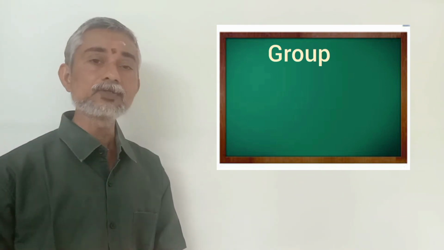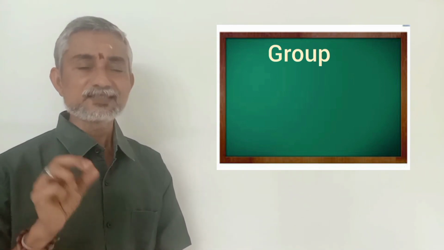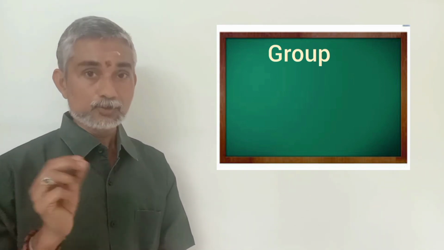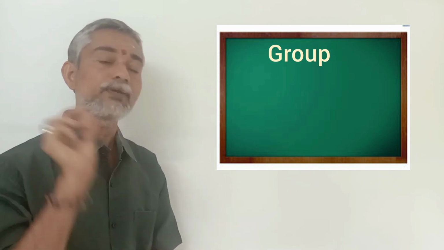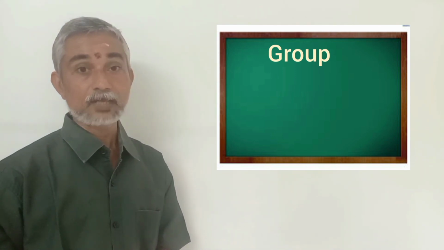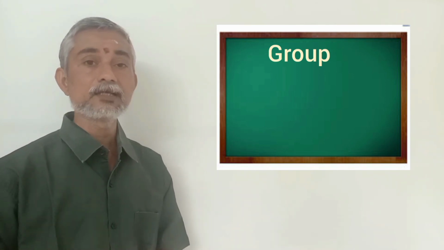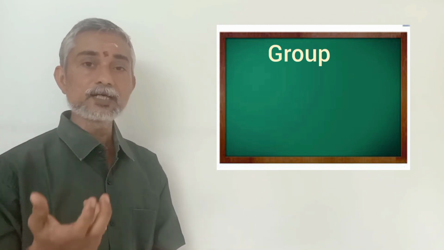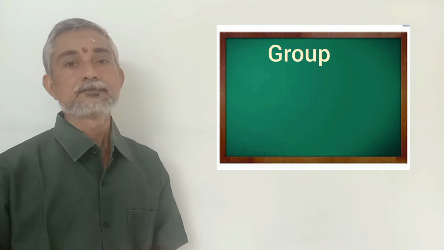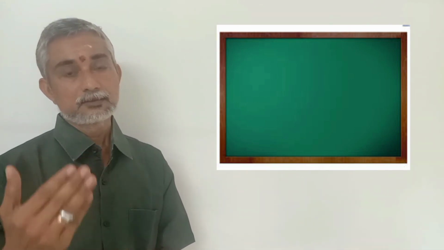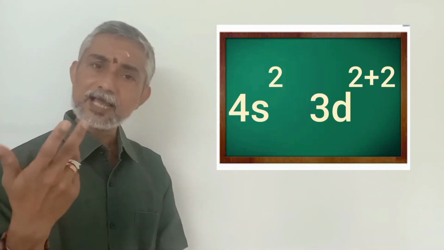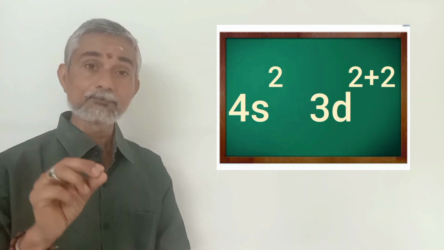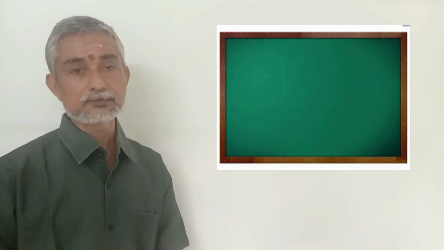So to find the group of an element which belongs to the p block, just add 12 to the number above the p letter. In the case of d, just add 2 to the number above the d subshell.